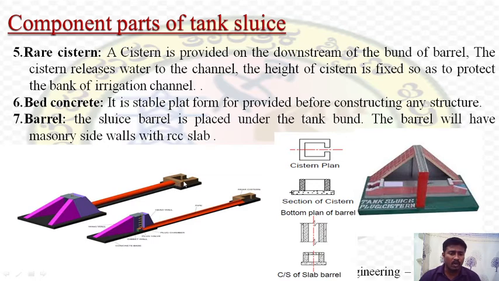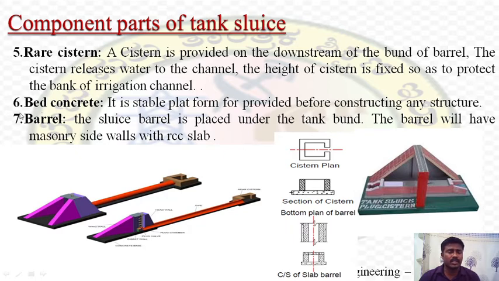One side wall should be attached to the barrel. The cistern releases the water to the channel. Here there is a channel, and the water is released from the cistern to the channel. The height of the cistern side wall should be fixed according to the bank of the irrigation channel.